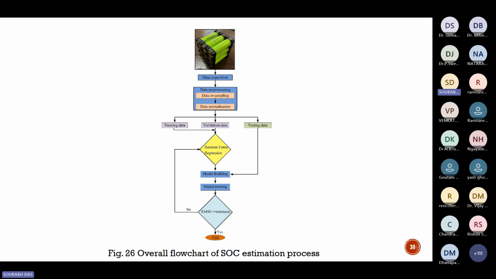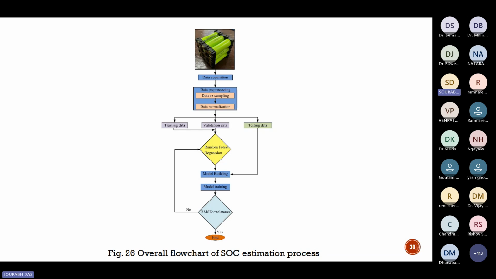Then data pre-processing should be there. In pre-processing, there are two things we have to do: data normalization and data resampling. Data processing cleans the data to handle missing values or noise, and converts categorical data into numerical format.